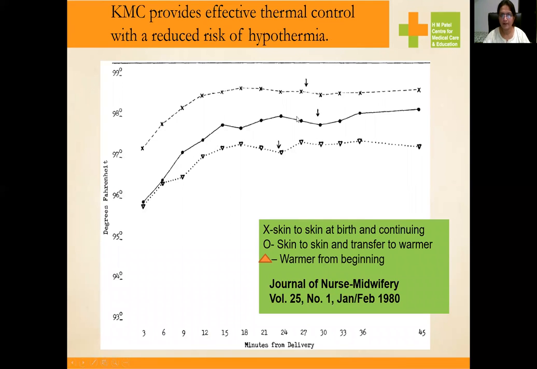When they compared these three modalities, they saw that skin-to-skin contact from birth and continuous skin-to-skin contact has a significant effect in maintaining normothermia in preterm low birth weight babies. You can see from this graph that the temperature of the babies who are given kangaroo mother care and skin-to-skin contact continuously is well maintained after birth.